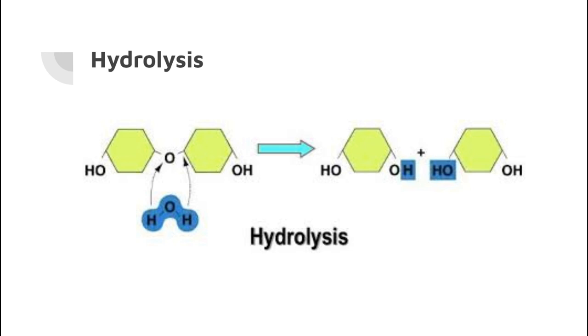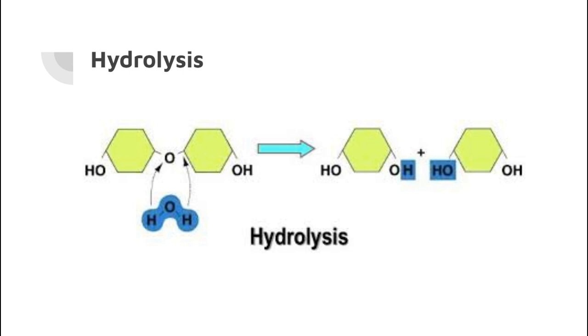When we're talking about putting together these monosaccharides or breaking them apart, we need to touch on two types of reactions, and this is going to be hydrolysis and dehydration synthesis. So hydrolysis, if we just look carefully at the word itself, we see hydro, which is water, and lysis, which means to break apart.